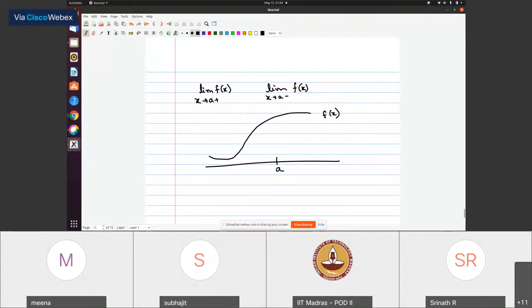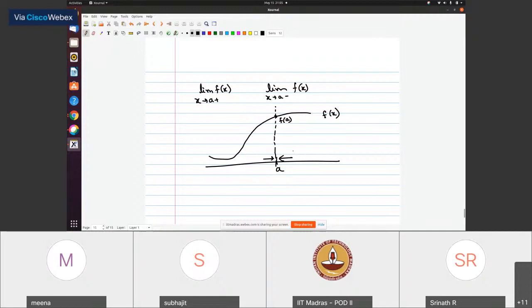This is my point a, and this is f of a. Now the limit of this function means when x is going towards a, what will be the value of this function? We can go towards a from this side also and this side also, right? From both sides we can approach a, right?